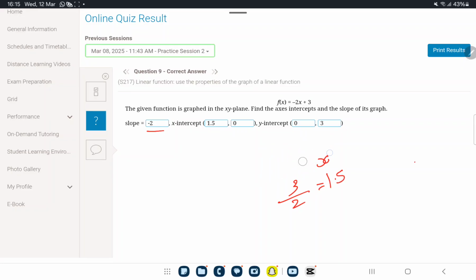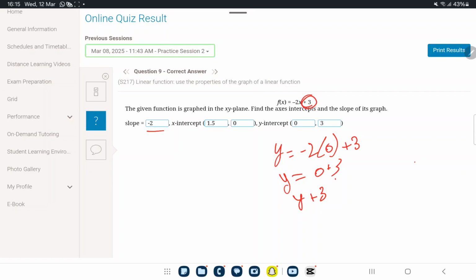And then y-intercept, x is 0, so f of x, we're just going to say y, equals minus 2 times 0 plus 3. This is 0 plus 3 equals y, so y is 3. Or you can get it straight from the equation, it's this number. It's y equals mx plus b. B is the y-intercept, m is the slope.